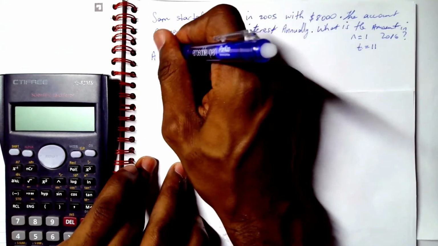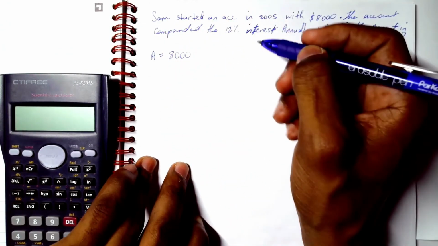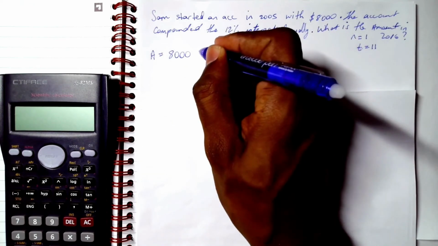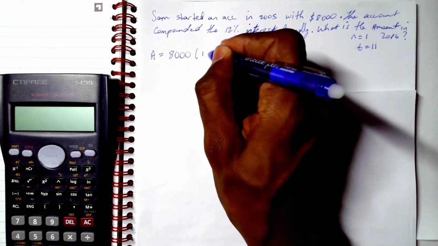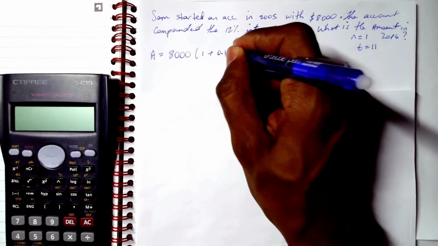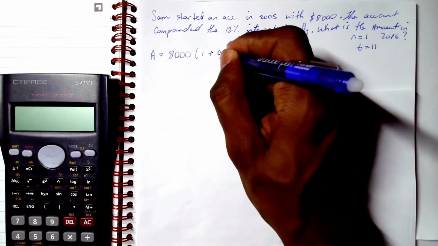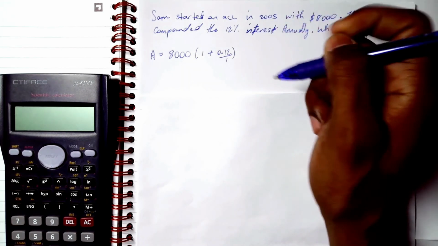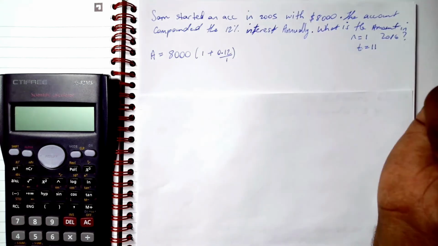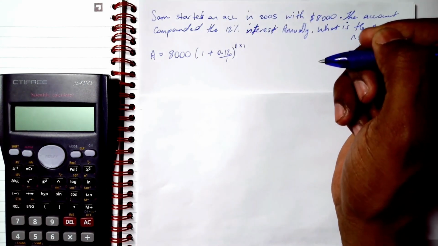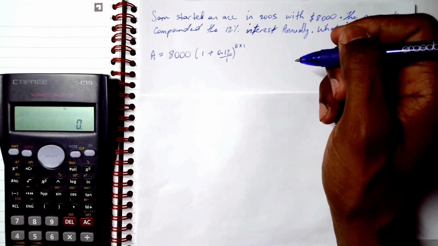So it's going to be 8,000 bracket 1 plus 0.12 divided by 1. We can write it, but it's neither here nor there. Raised to the power of 11 times 1. Alright, we get our calculator and we calculate this.